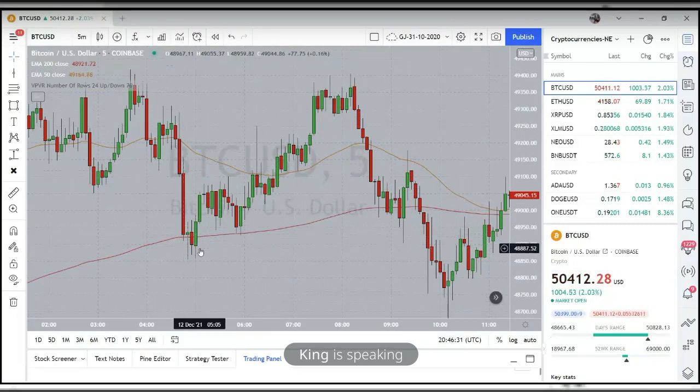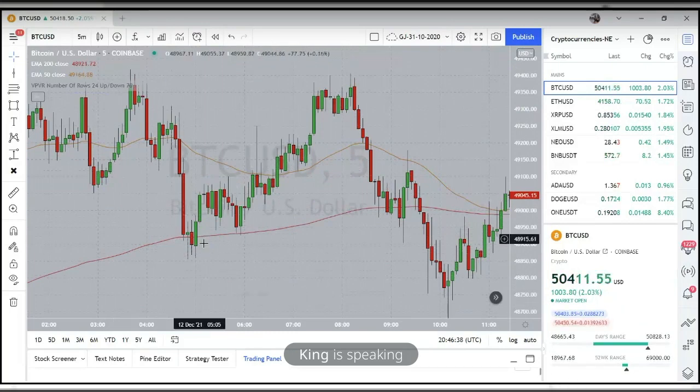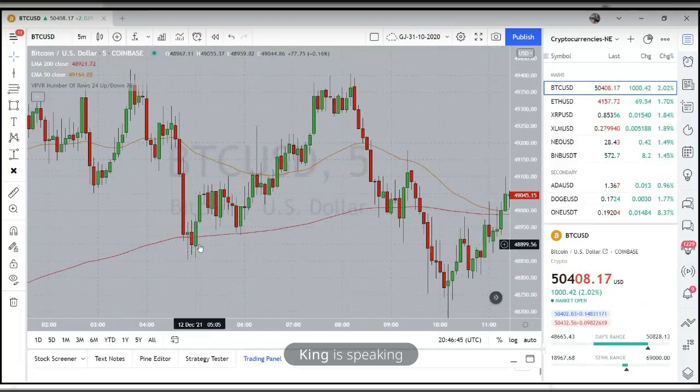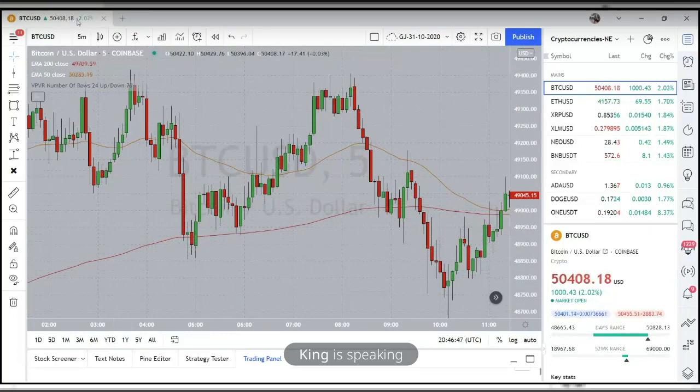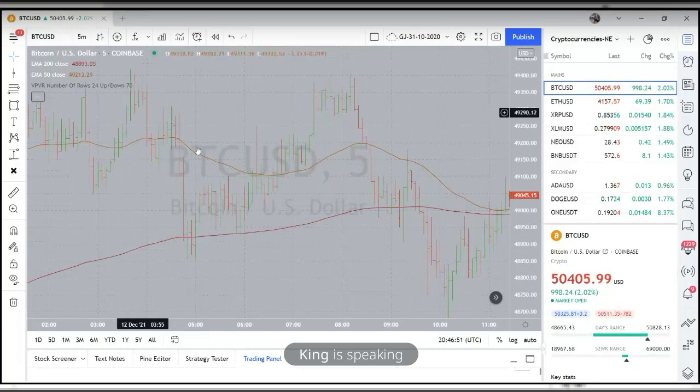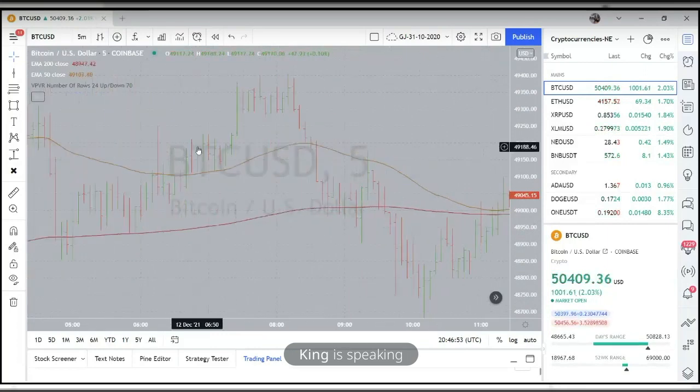So with every candle, that's what you need to look at. You need to look at the ranges of price within that candle and the open and close.